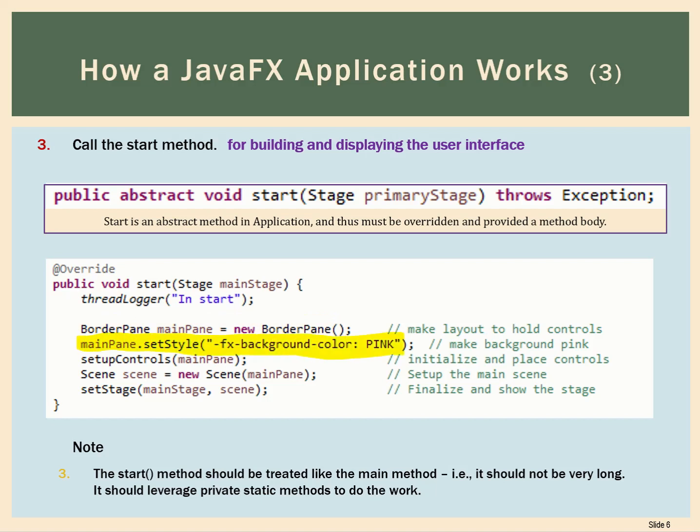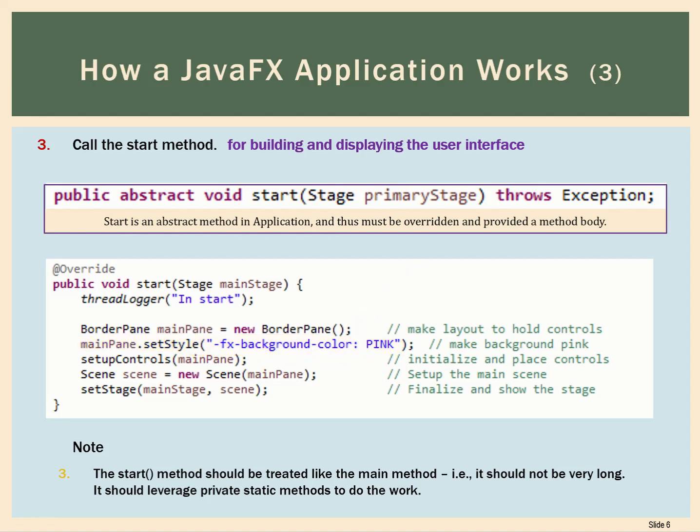And this gives you an example of how you can color things or use styles. What JavaFX is doing is it's drawing a lot from CSS and using a lot of CSS styles like background color. And this particular method, the setStyle method, is going to turn the background of my border pane to pink.